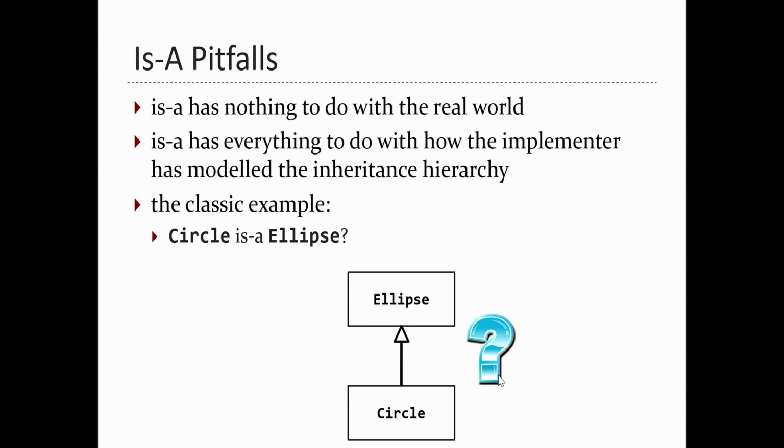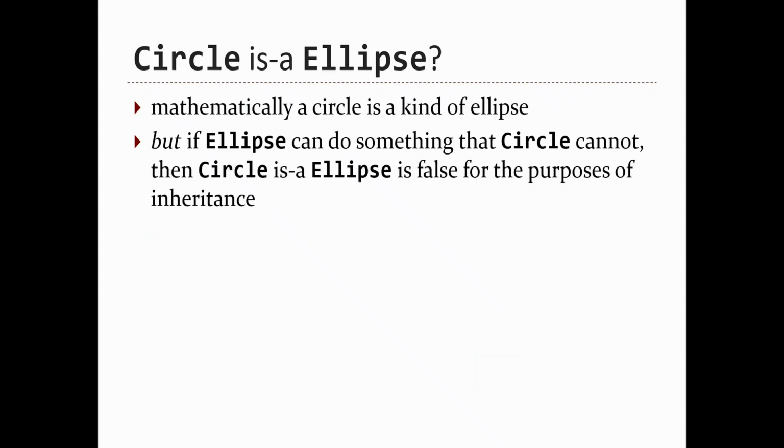It depends. Now, mathematically, hopefully you know this by now, a circle is a kind of ellipse. A circle is just an ellipse where the semi-major and semi-minor axes have the same length. So that's the real-world definition of ellipse and circle.